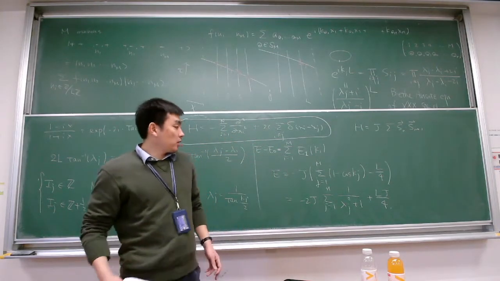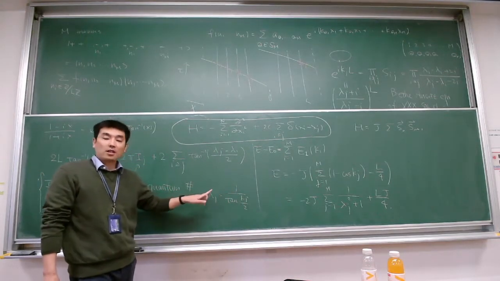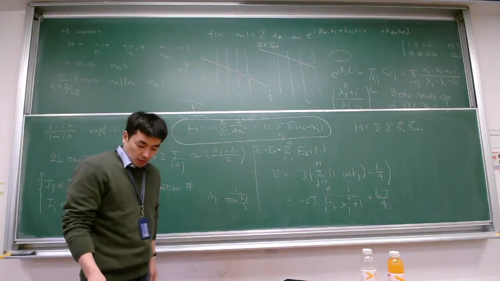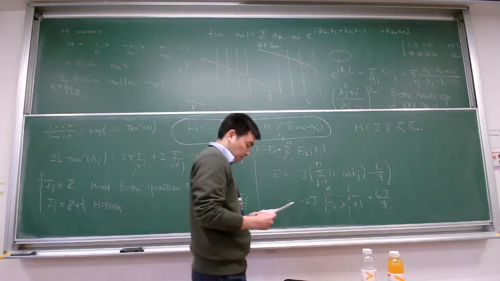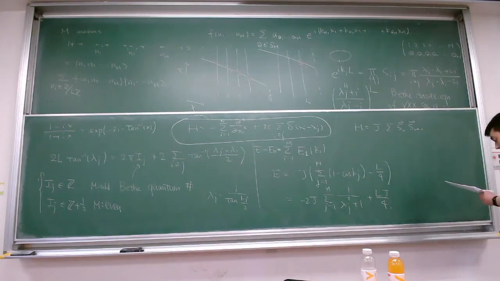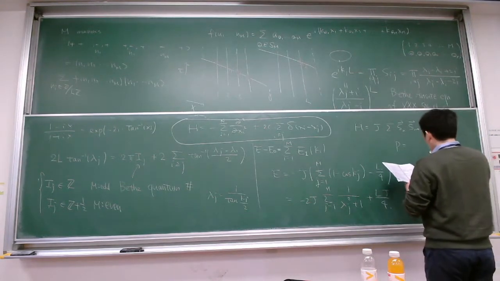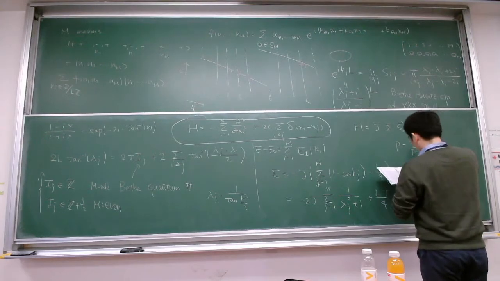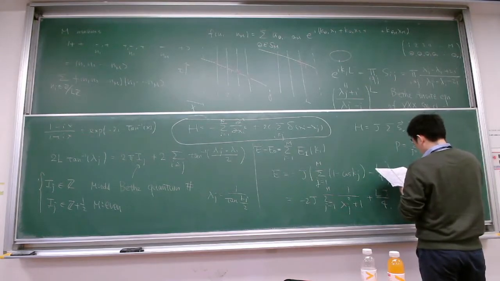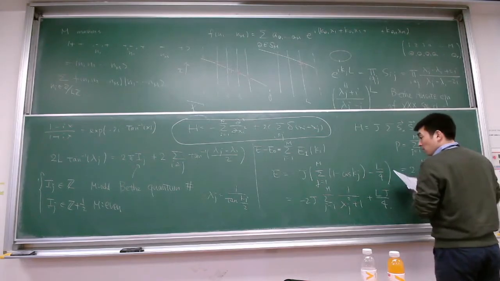Okay, and if you translate the momentum k to lambda, one can write down the energy in terms of lambda. And also here the momentum p is equal to the sum over j equals 1 to m of kj, which is equal to 2 times the sum over j equals 1 to m.